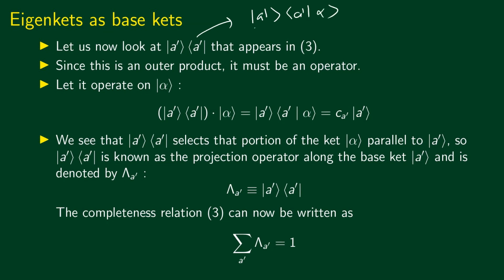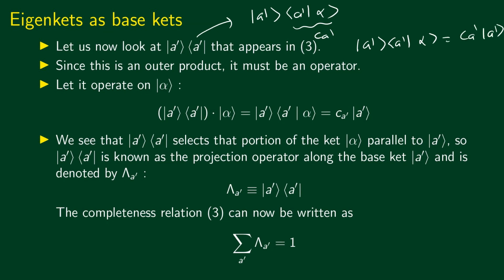You can think of this as the operator acting on ket alpha, or as this number multiplying this ket. This number we said is the component of ket alpha in the direction ket A prime, which we denoted as Ca prime. So ket A prime bar A prime acting on ket alpha is equal to Ca prime ket A prime.